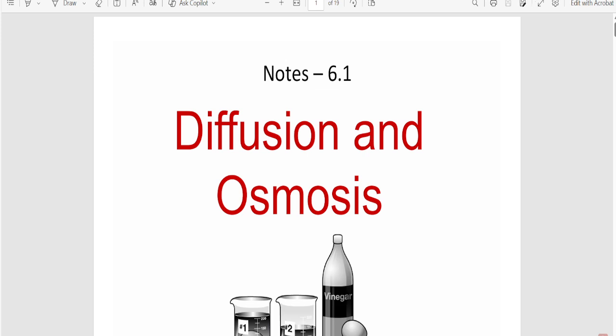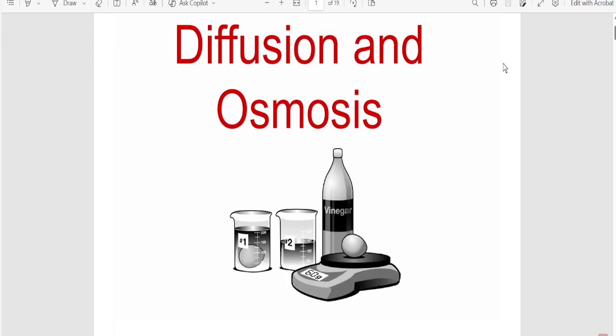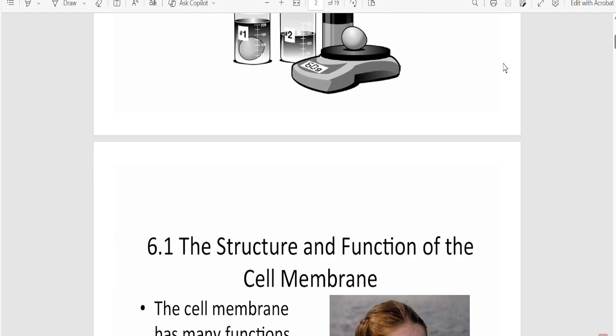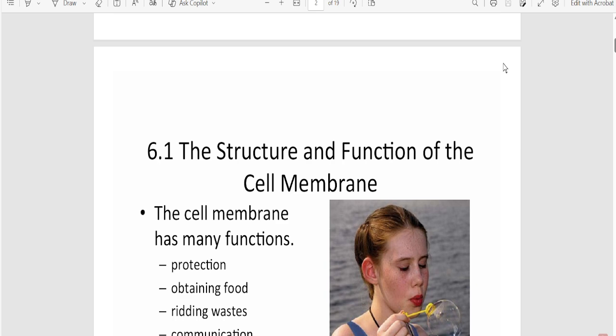So basically, diffusion is the movement of particles from an area of higher concentration to lower concentration.